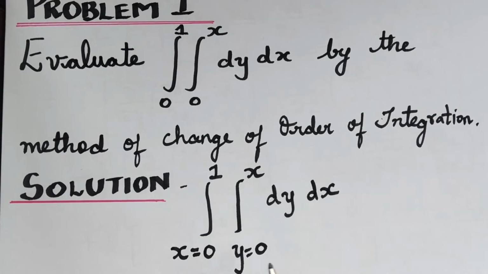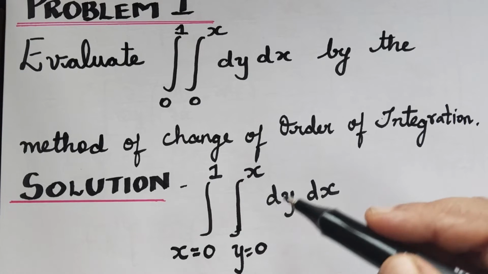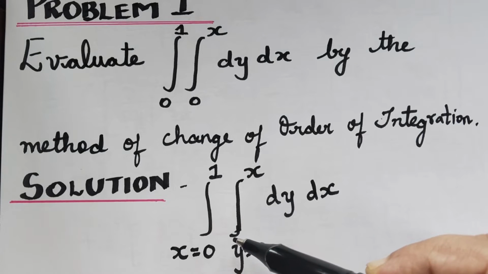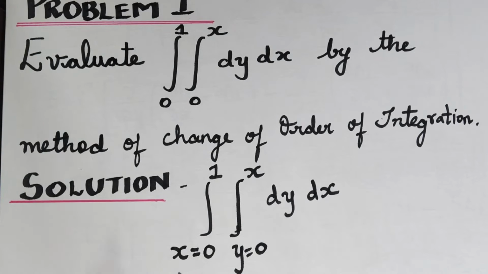Now we have to change the order of integration in such a manner that the inner integral will have limits with respect to x and the outer integral will have limits with respect to y, and hence it will be integrated first with respect to x and then with respect to y.